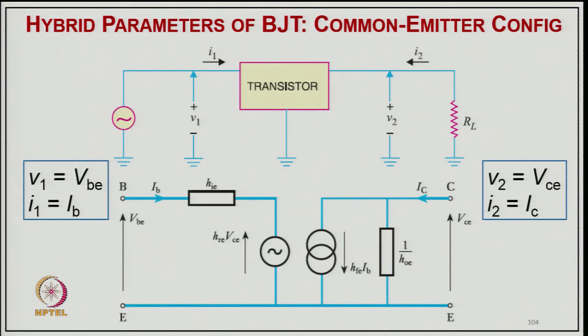And similarly for the secondary side, we have an admittance, 1 upon HOE, and then a current source HFE into IB.